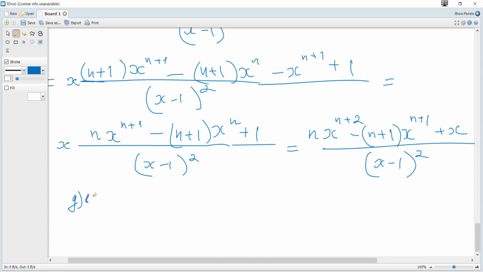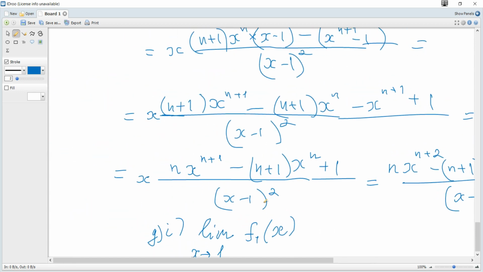Part G, i: show that the limit as x tends to 1 of f1 of x is in indeterminate form. It means it should be 0 over 0 or infinity over infinity. And what is f1 of x?